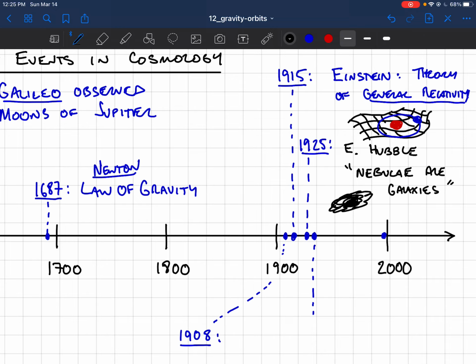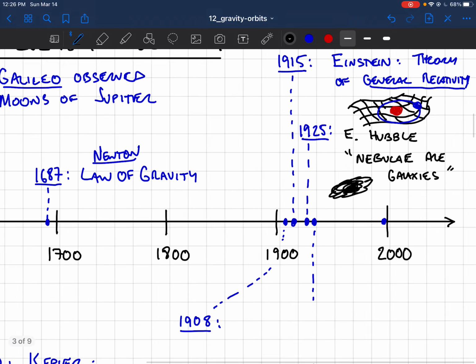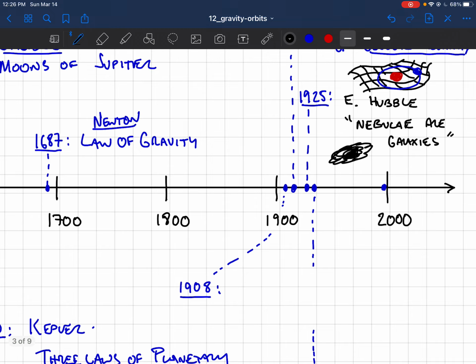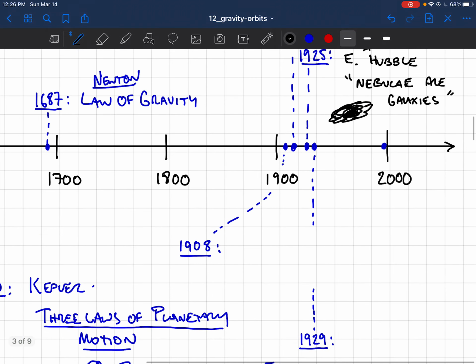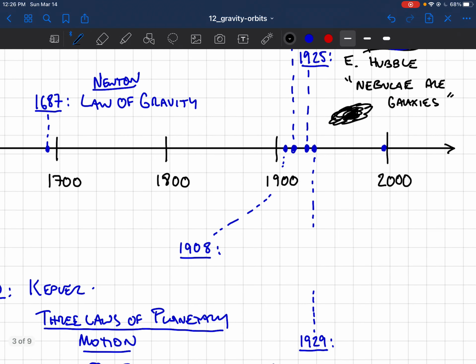But he gave good evidence for the fact that, for example, the Andromeda galaxy was a galaxy very similar to our own, but some 25 million light years away from us. And he followed up this work in 1929 with an explanation of the motion of these galaxies.